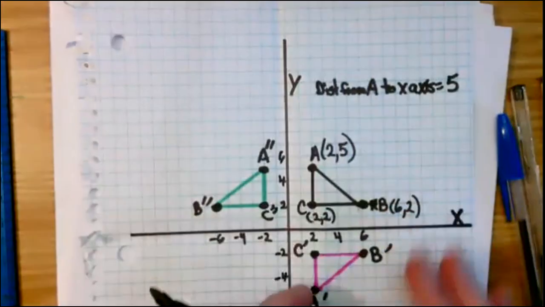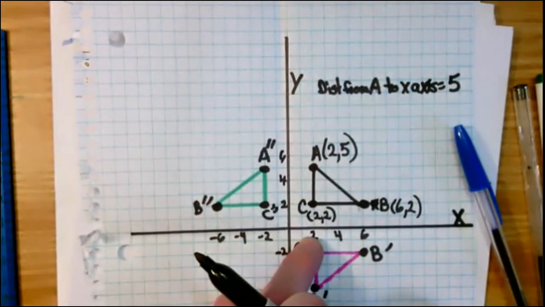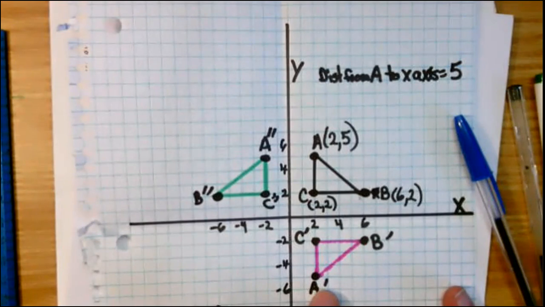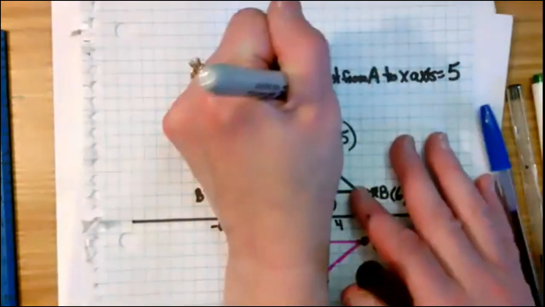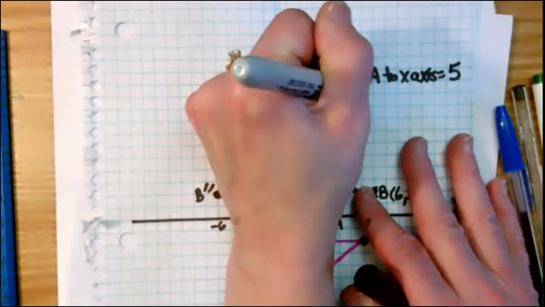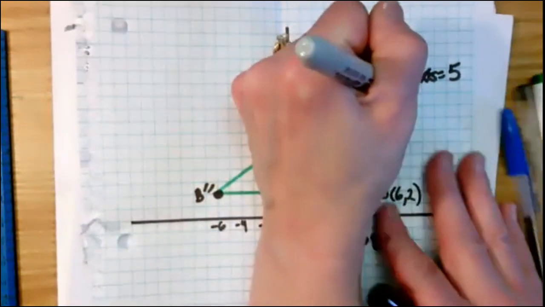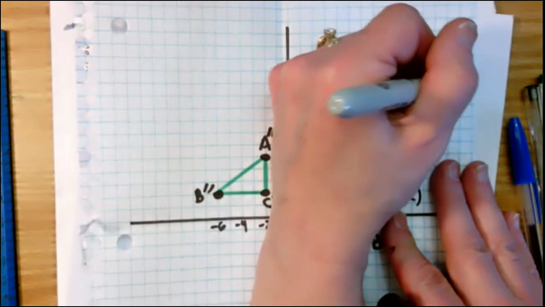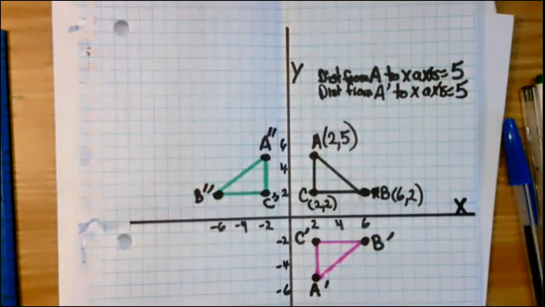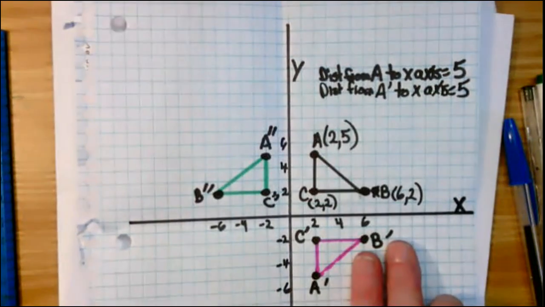Okay, what's the distance from A prime to the x-axis? A prime, doesn't matter if it's below it, what's the distance? 1, 2, 3, 4, 5. So the distance from A prime to x-axis is equal to 5 units. You can do that with B as well.